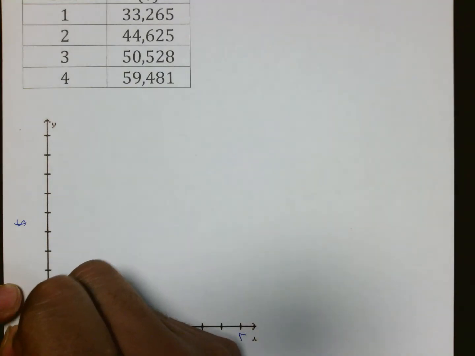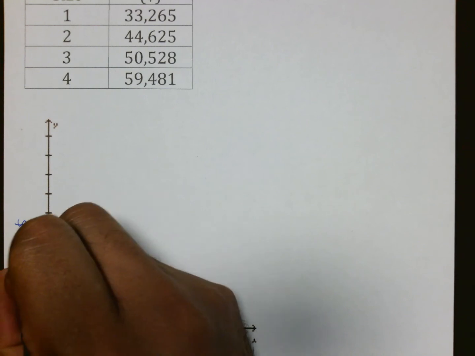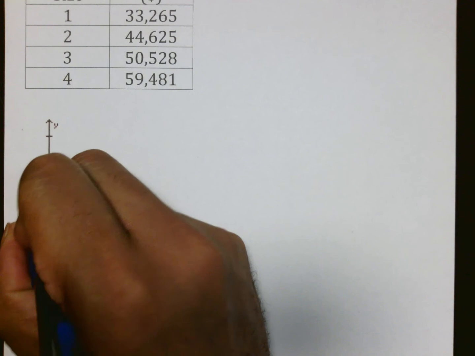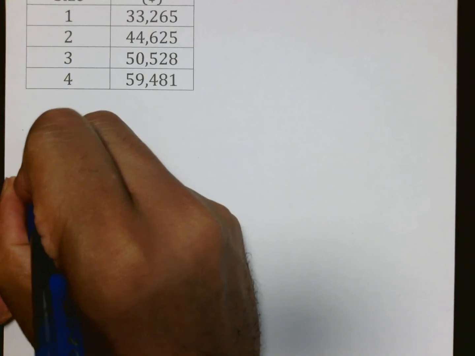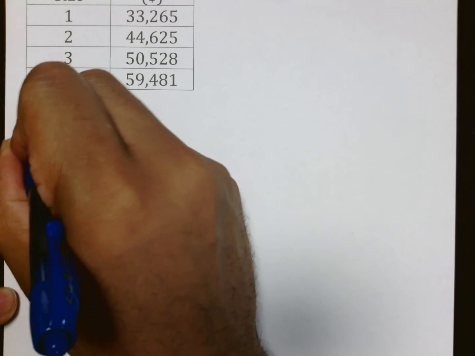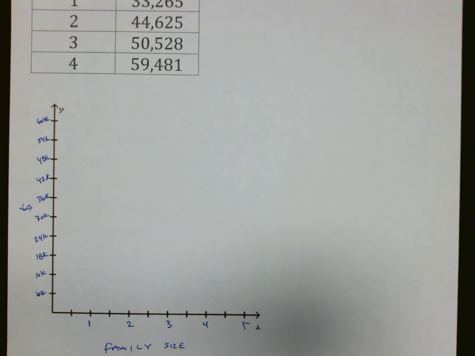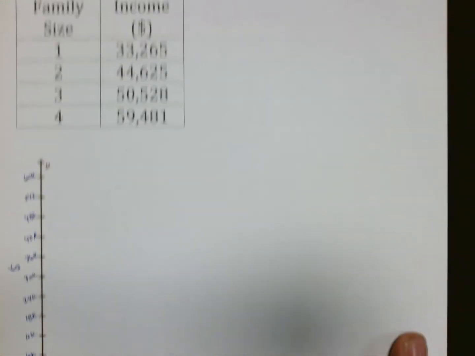So 6,000, 12,000, 18,000, 24,000, 30, 36, 42, 48, 54, and 60. So again, I put a K there because of course you don't want to write all those zeros, but again, as long as you've got the right idea, that's fine.